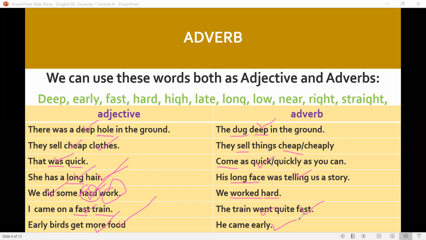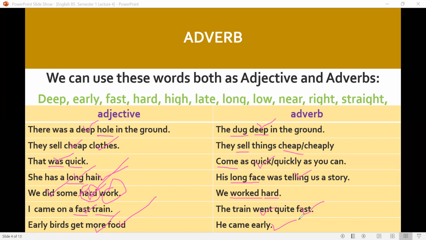Keep this in mind: when some word is explaining a noun, it is an adjective, and when some word is explaining or describing some verb, some adjective, or another adverb, it is an adverb.